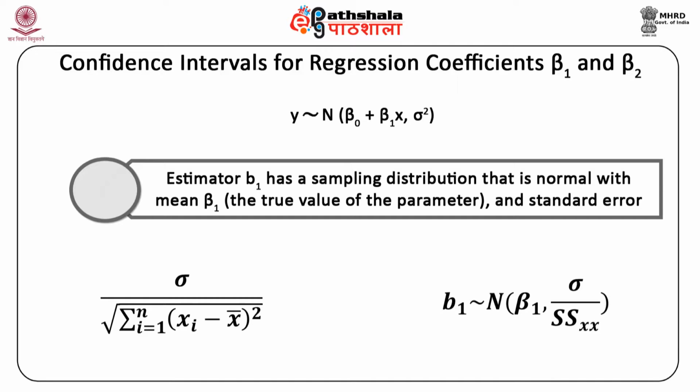That is, b1 is normally distributed with beta 1 as mean and variance sigma squared by SSxx, where SSxx is the sum of squares of x from x only.